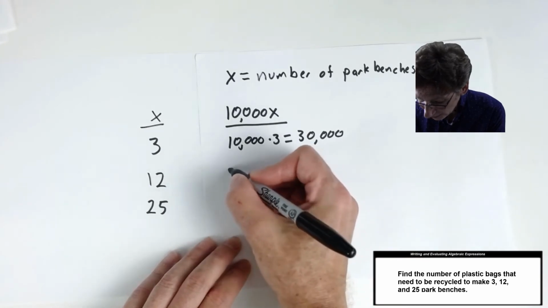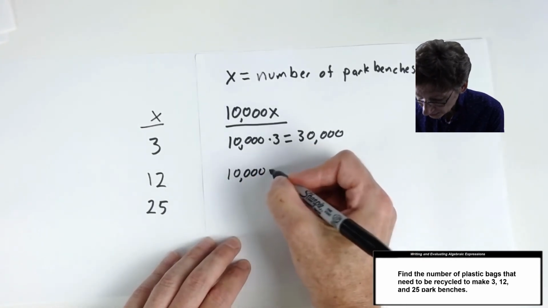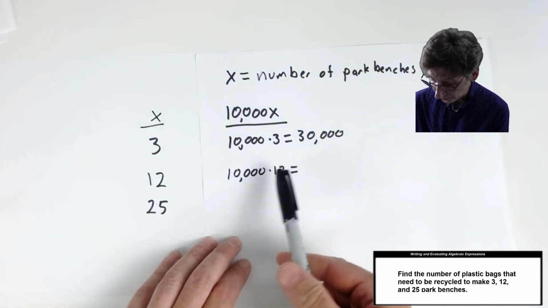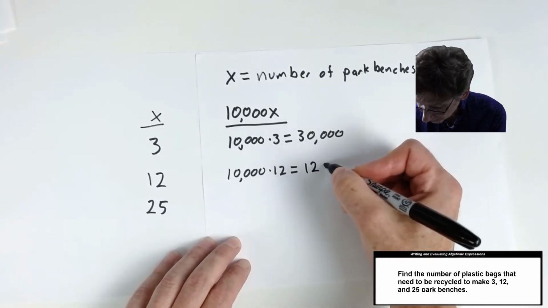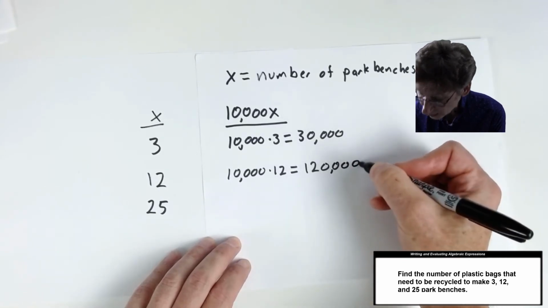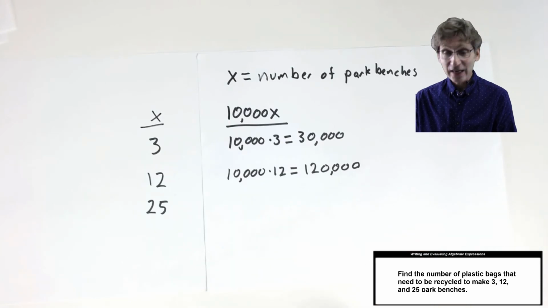Well, to make 12 park benches, 10,000 times 12. Well, let's see, this would be a 12 with 1, 2, 3, 4 zeros after it. That's 120,000 plastic bags. All right, that's pretty cool.